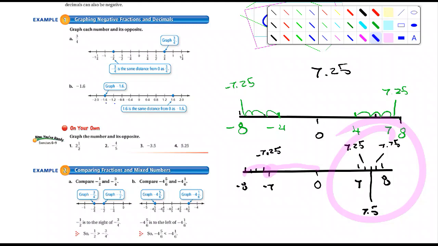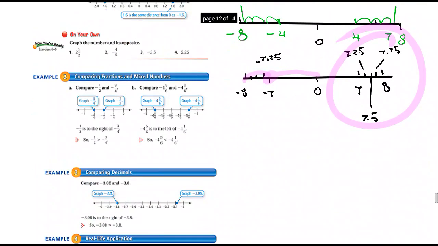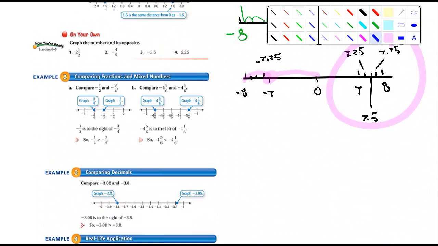They went by 0.4. And so there's a -0.6 and 0.6 and its opposite. Then it says on your own graph 1 or 2.5, -4/5, -3.5. I'm not going to have you do those.